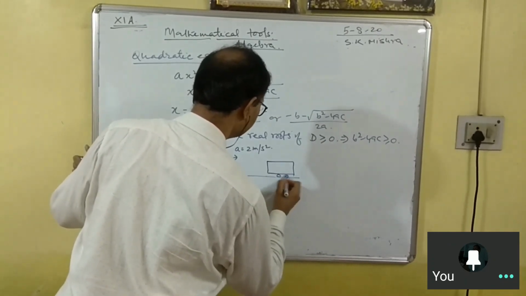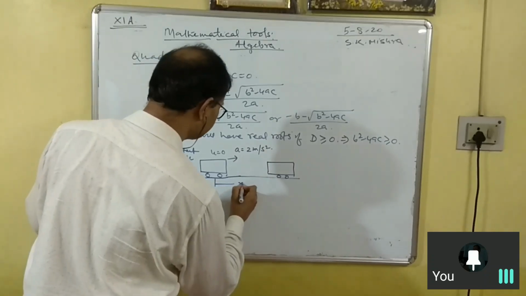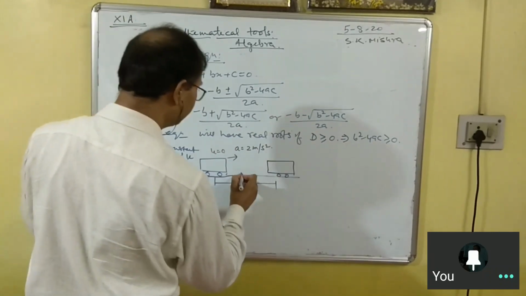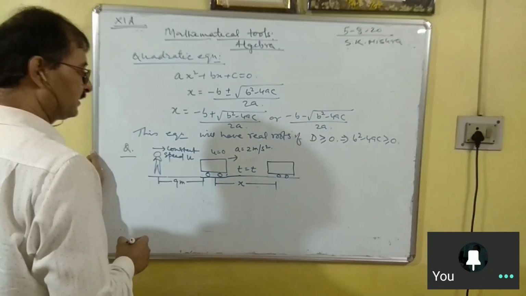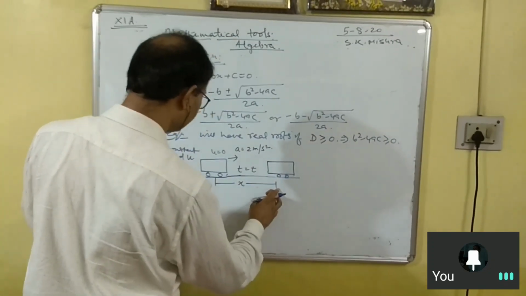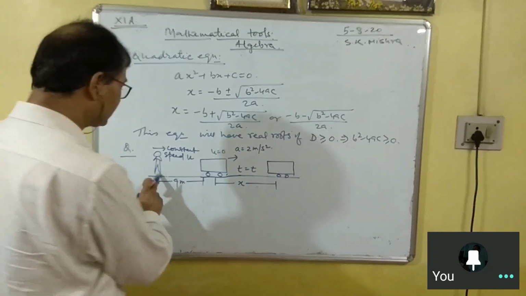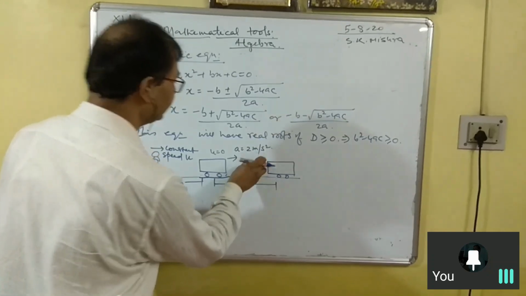see, the bus moves, say, a distance x in time t. And as soon as the bus reaches this point, the person should catch the bus only when the person covers distance x plus 9 in the same time interval t.